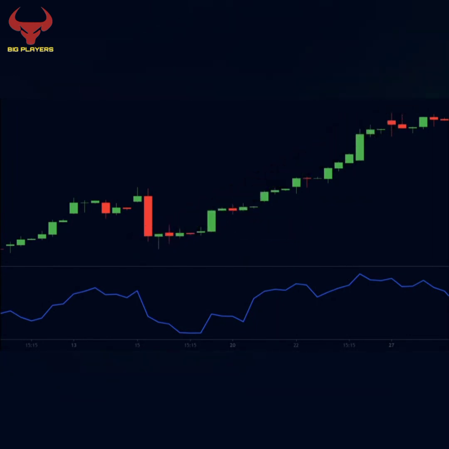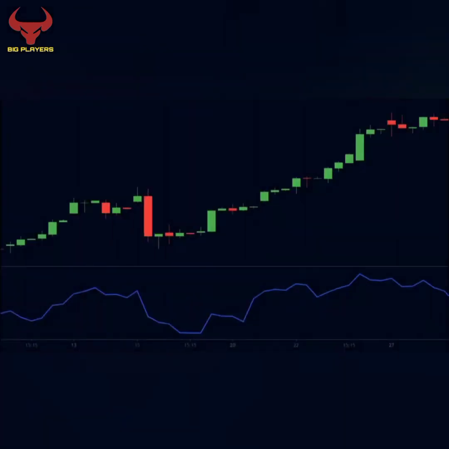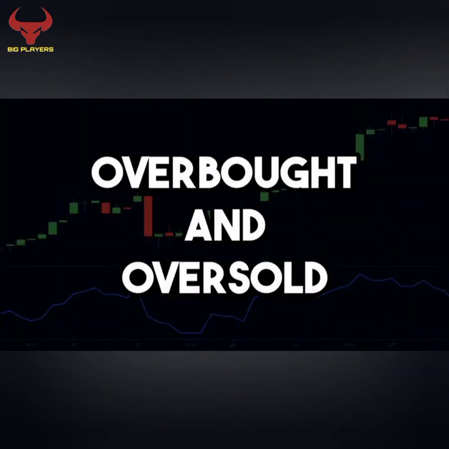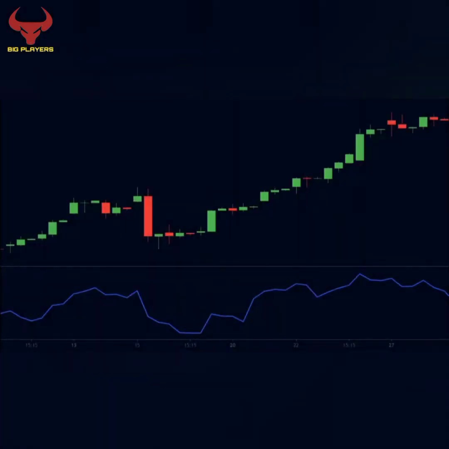Hence, we want the momentum and the trend to be in our favor. The RSI and stochastics are some of the most popular momentum indicators. They both show us overbought and oversold regions in the price. Hence, they can help us in identifying reversals.